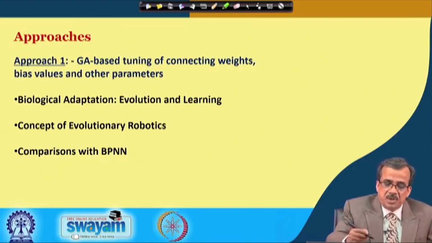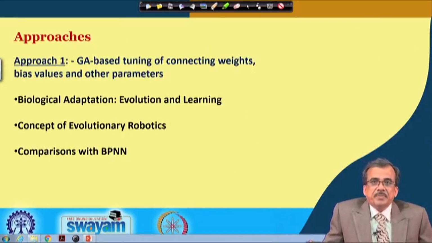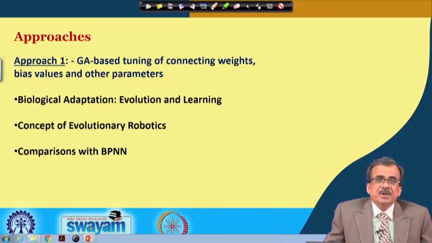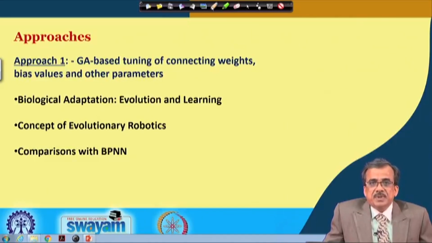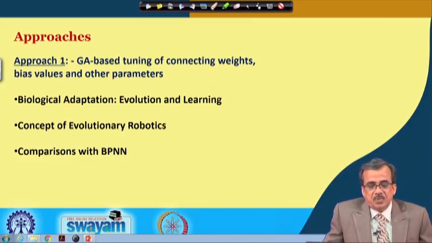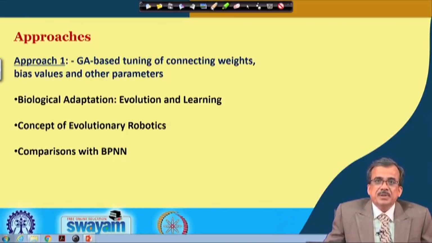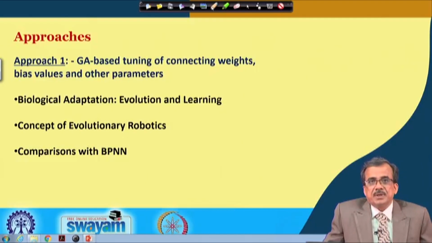For example, it depends on the topology of this particular network, it depends on the connecting weights, that means the connecting weights between the input and hidden layer and that between the hidden and output layers. It depends on the bias values, it depends on the coefficient of transfer function of the different layers.